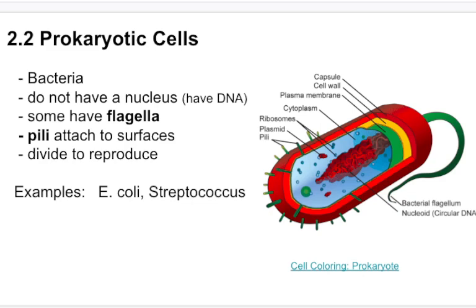Prokaryotic cells also have a cell wall, a plasma membrane, which we also have in eukaryotic cells, a jelly-like cytoplasm that helps basically suspend the different organelles in the three-dimensional shape, ribosomes, and plasmid in our prokaryotic cells.